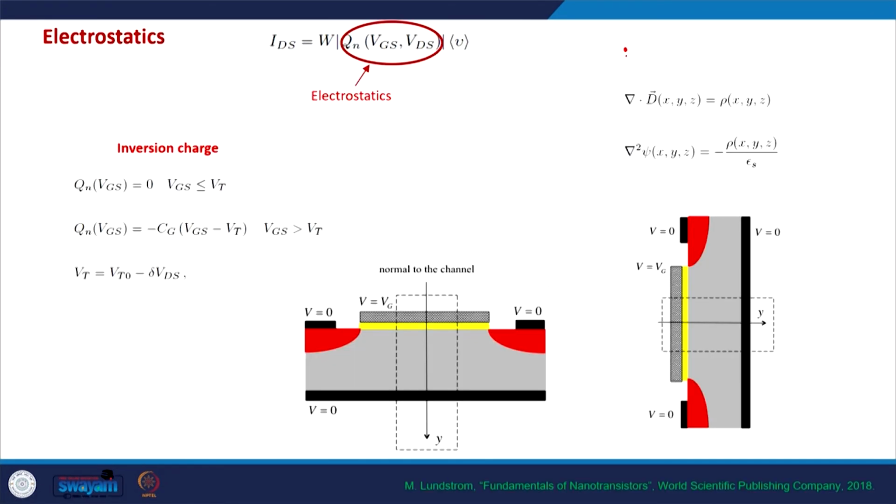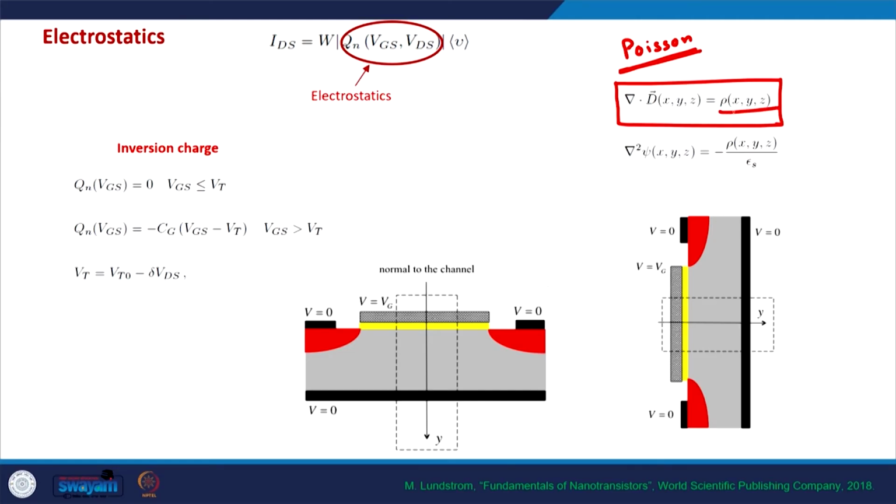Generally it is a French name, pronounced Poisson. The Poisson equation is the starting point for discussion of the electrostatics in the MOSFET, and what it says is that there is a relationship between the electric field and the charge in a certain area of the space.